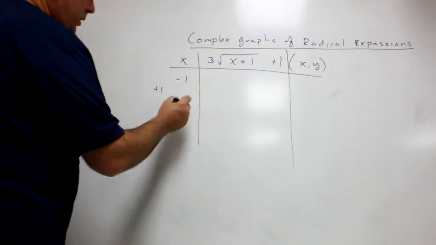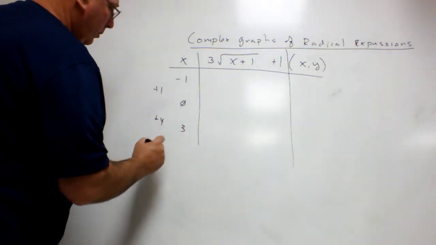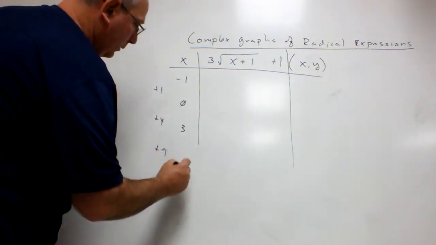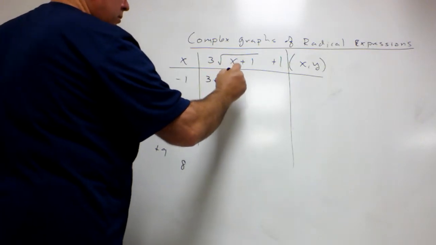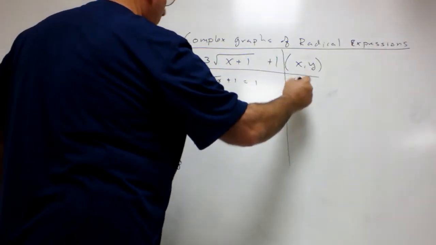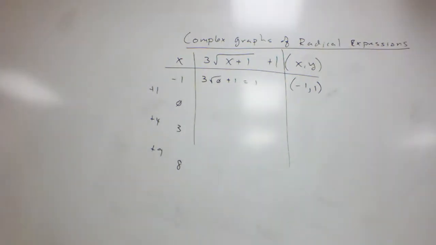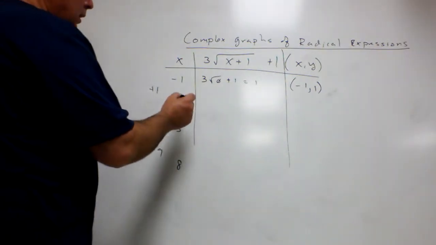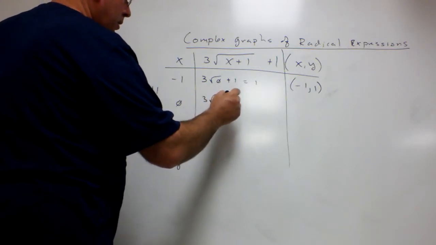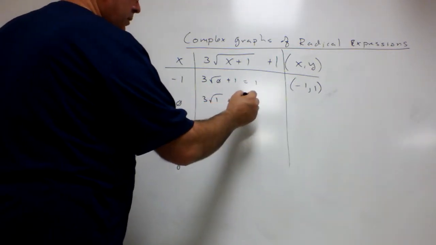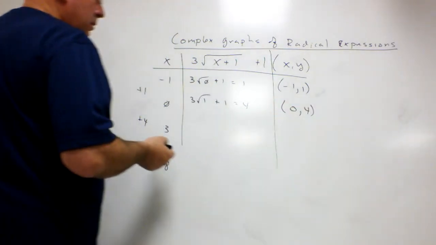We're going to add 1 to that to 0. We're going to add 4 to get 3. And we're going to add 9 to get 8. So it'll be 3 times 0 plus 1 will be 1. So negative 1, 1 is our starting value. If we put in 0, the square root of 1 is 1, 3 times 1 is 3, plus 1 is 4. So at 0 we'll be at 4.